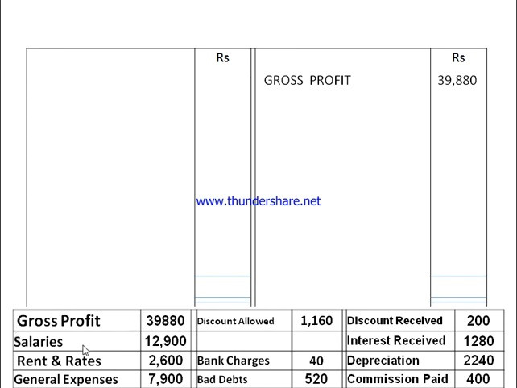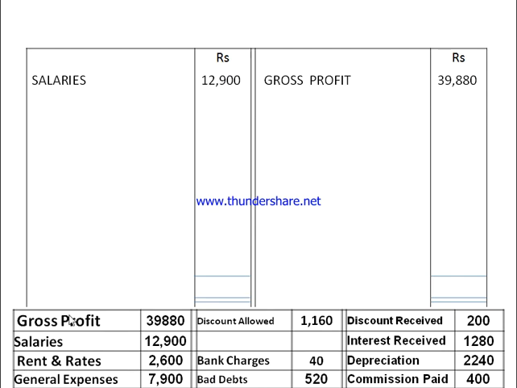Then next is the salaries. Salary is our expense, and expenses will be recorded on the debit side or on this side. So write down salaries, and the amount is 12,900. Next is rent and rates, another expense, 2,600.